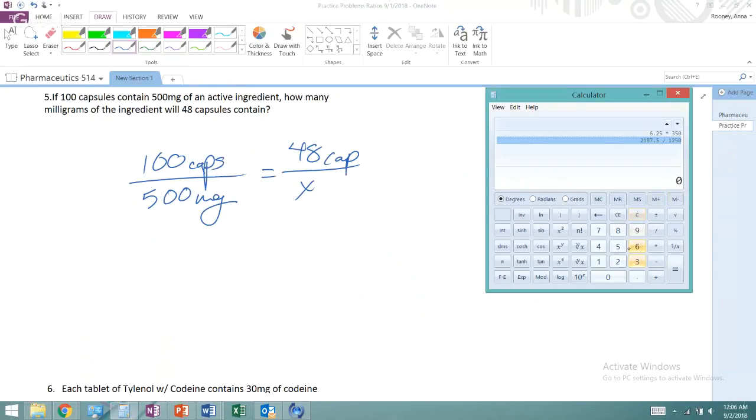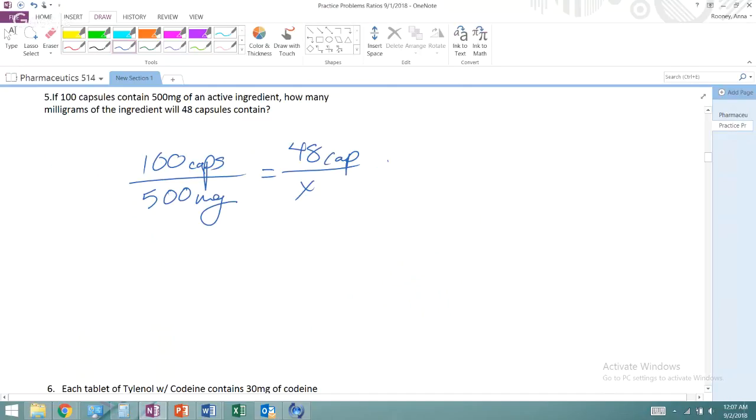So, once again, you can do this two different ways. So you can do 500 divided by 100, which will find you the amount in each single cap, and then you multiply it by 48, which is 240. So 240 milligrams. So that's one way to do that, is to find out each individual one.